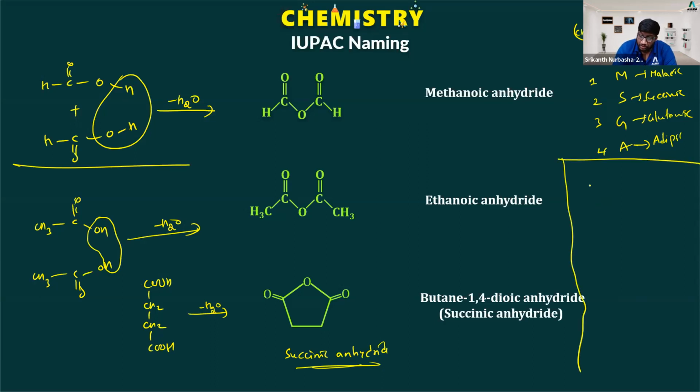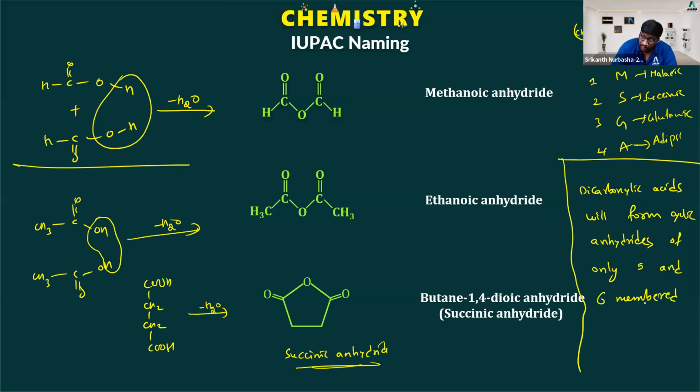Okay, write down this point. Dicarboxylic acids will form cyclic anhydrides of only 5 and 6 membered rings, and not greater than that.